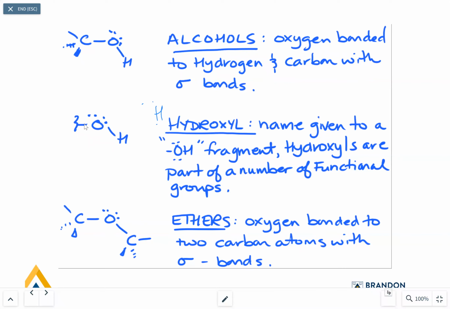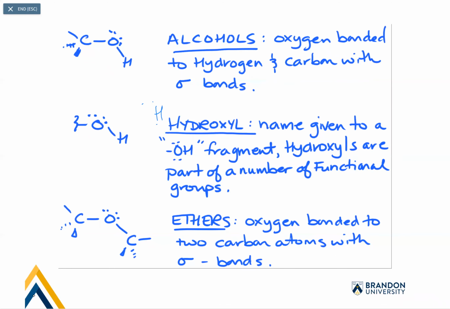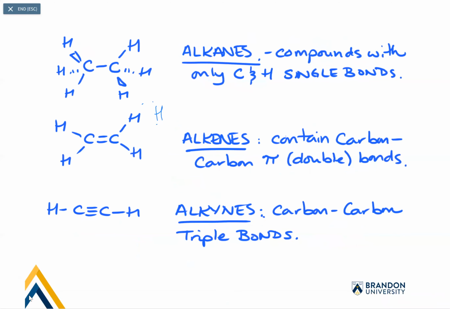What we're going to see is that an OH functional group, a hydroxyl group, behaves quite differently than a carbonyl. And a carbonyl is going to behave differently than, say, an alkene, because an alkene is a carbon double bonded to a carbon, whereas a carbonyl is a carbon double bonded to an oxygen.